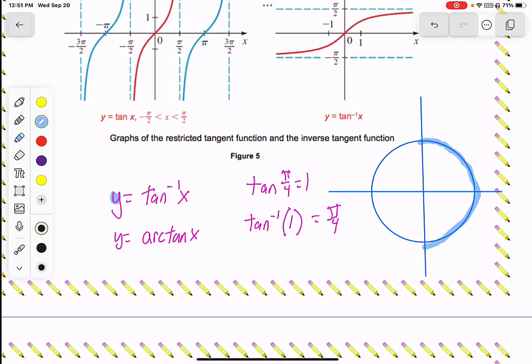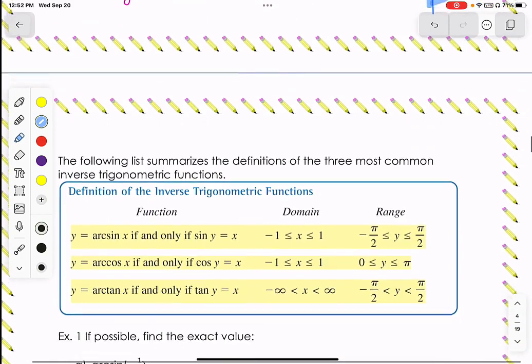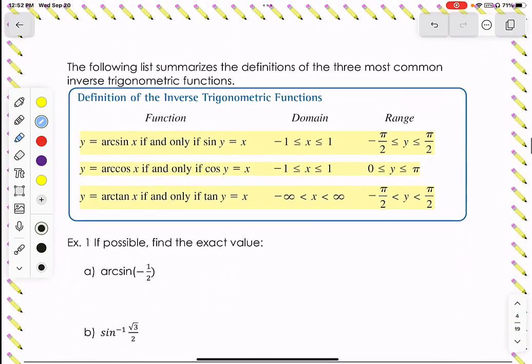That way we can only get this angle for my tangent of 1. So again, in summary, this is our domain, these are our ranges, and let's go ahead and work some examples.